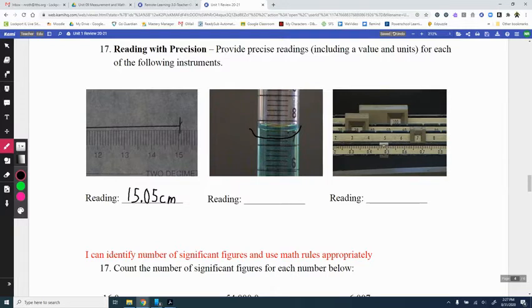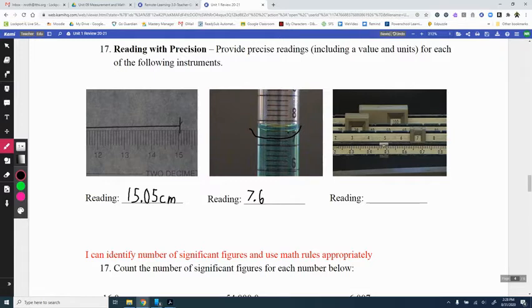But anyway, each of these lines is going to be 0.2 milliliters. So here we have 7.2, 7.4, 7.6, 7.8, and 8. Okay, since that is right on the 7.6 mark, then our certain digits are going to be 7.6.